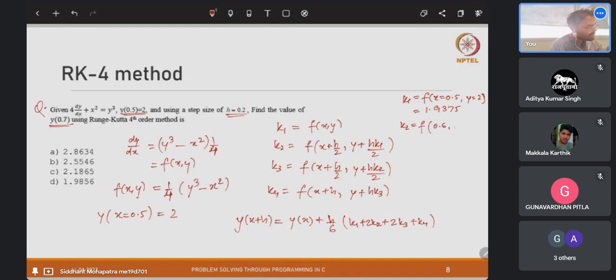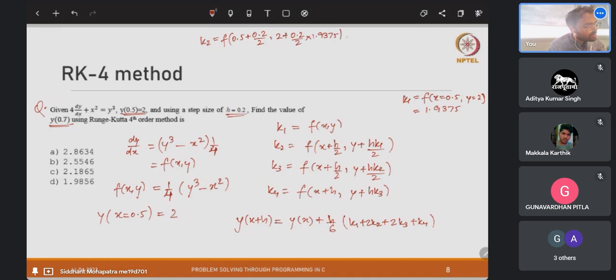So k2 is equal to f of 0.5 plus h by 2, which is 0.2 by 2, and y plus, y was 2 earlier, plus h, which is 0.2 by 2 again, into k1. k1 is 1.9375.